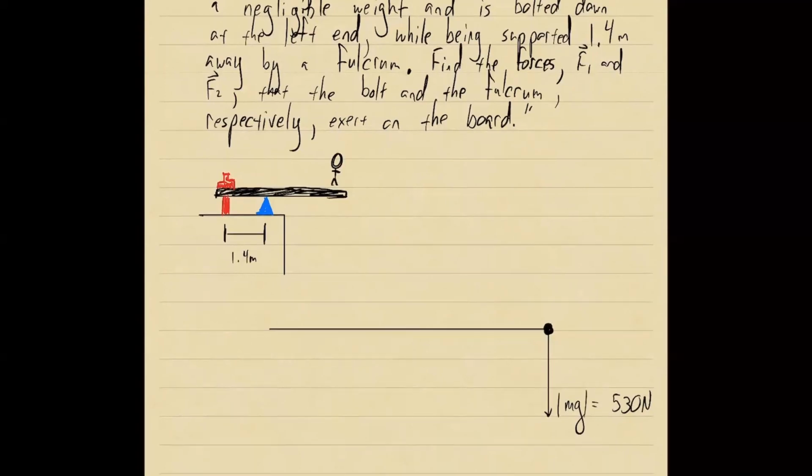And then at the very left side, we have F1 of the bolt sort of keeping this thing down, making sure the diving board itself doesn't fly off. So this is F1. And then the fulcrum is sort of in the middle here, pushing up and making sure that this thing has something pushing up against it so it doesn't just fall into the pool. This is F2.